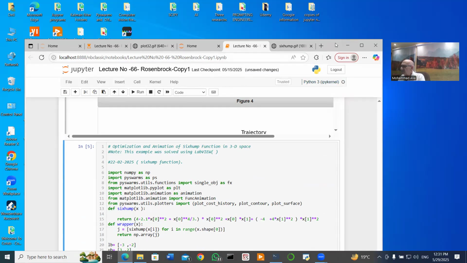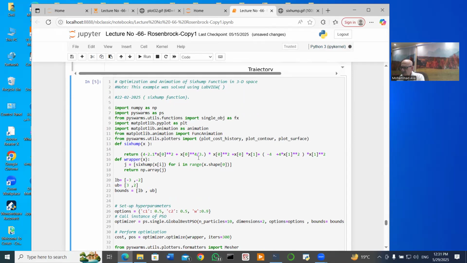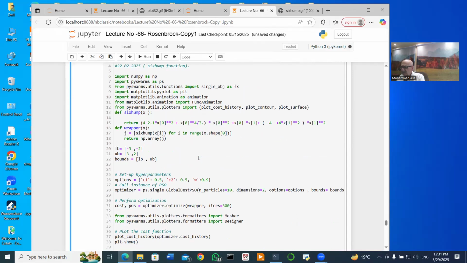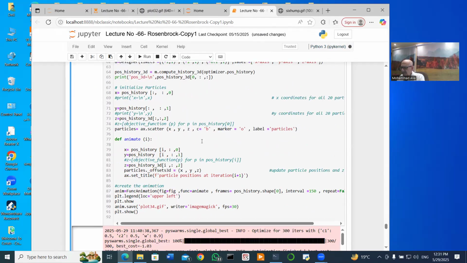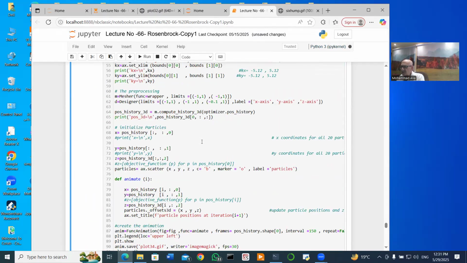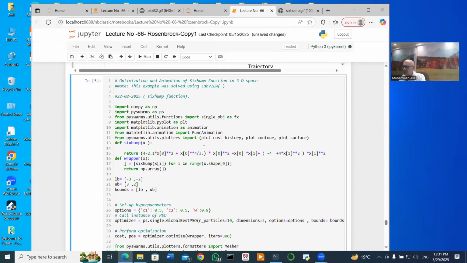So at first, for those who did not look at the animation of the Rosenbrock or the animation of the holder table, they can also acquaint themselves with the steps, which are some kind of repetition of the things which I have done before. So I will go through it quickly because nothing is new with it. I will show you only the result, and then I will move to our own way.